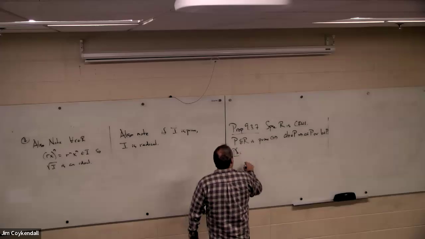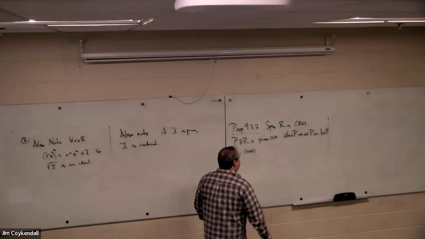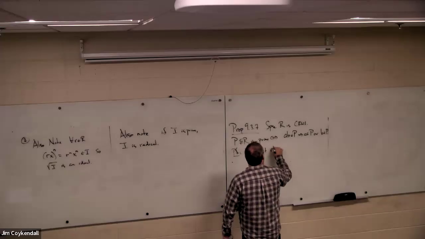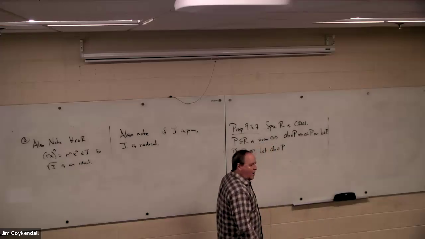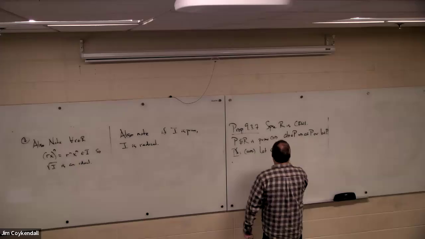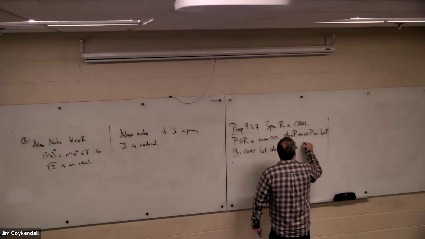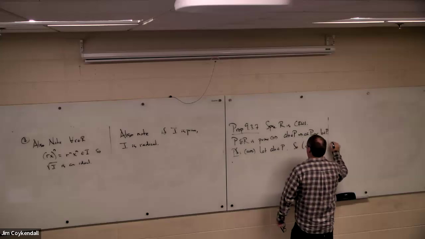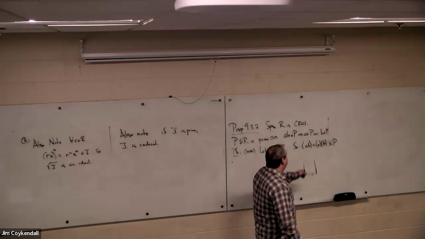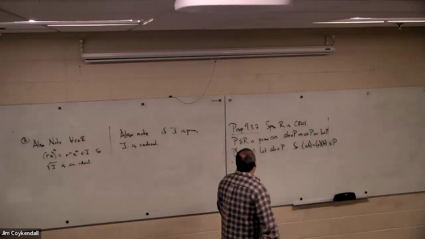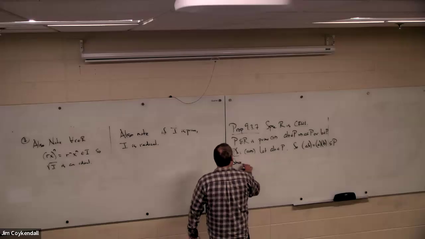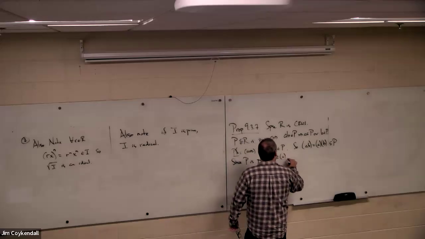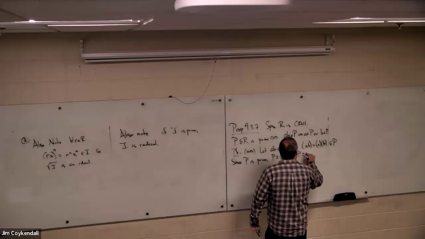Proof. Suppose P is prime. Well, this certainly means that the ideal generated by a times the ideal generated by b is contained in P, because the element ab itself is in P. Since P is prime, P contains the ideal generated by a or P contains the ideal generated by b.